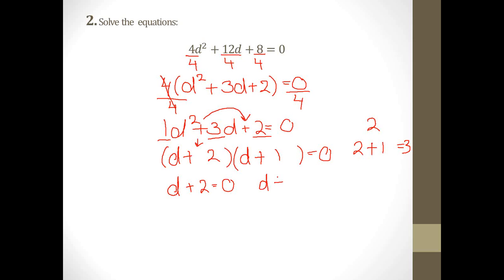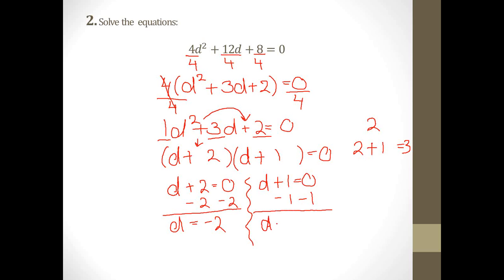And on the other side, d plus 1 equals 0. And then we're solving them independently, so subtract 2 from both sides. This gives us d equals -2. And on the right side, subtract 1 from both sides. So this leaves us with d equals -1.